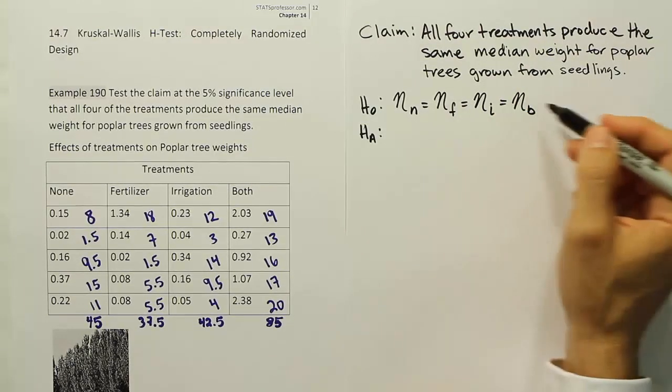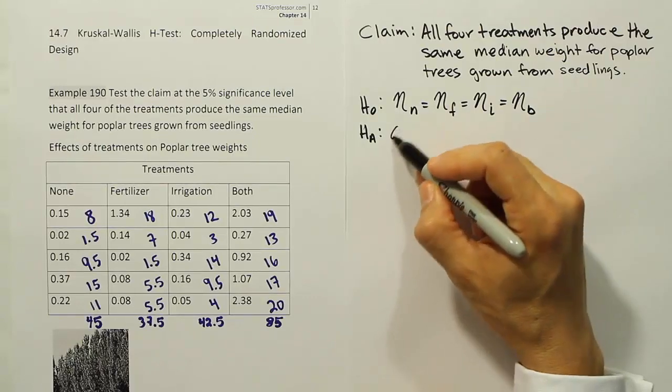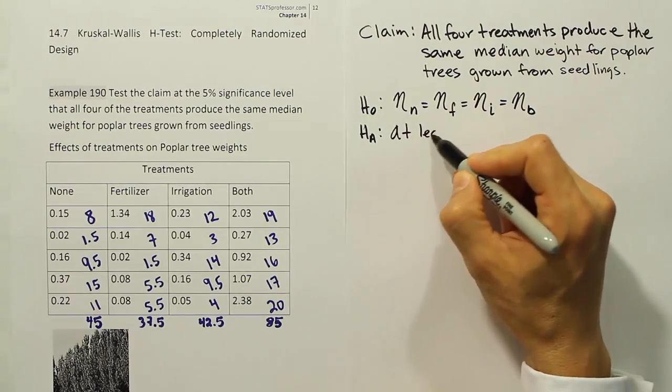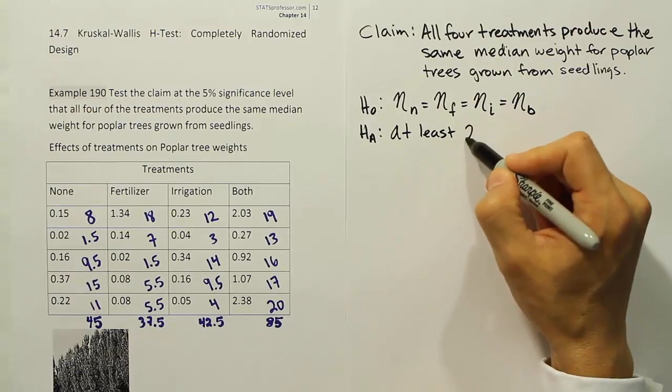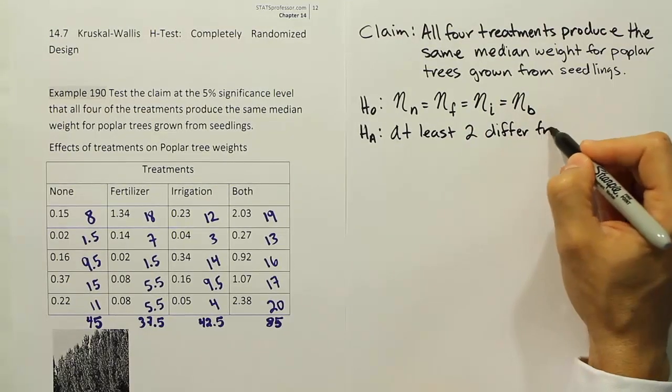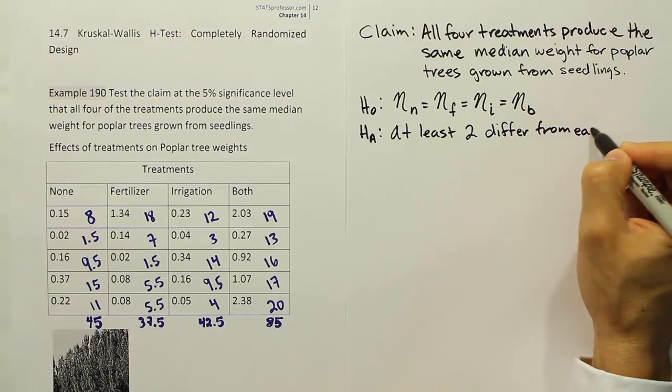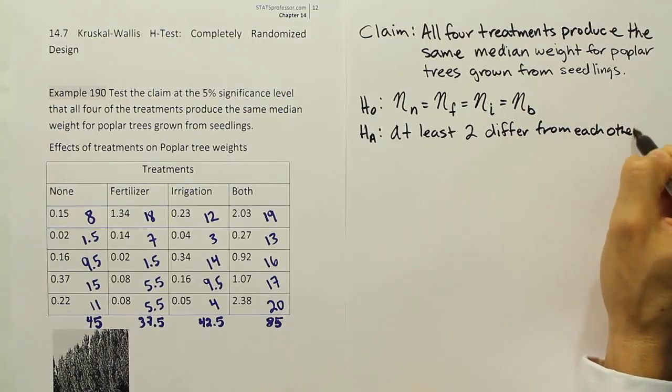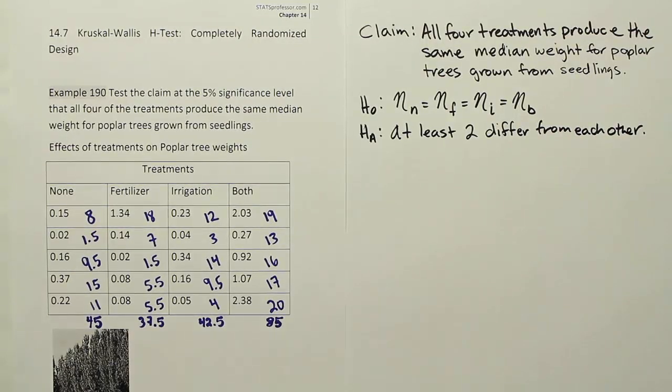All the medians are the same versus at least 2 of them differ from each other. That's pretty much the same as we had for the ANOVA CRD, except we're replacing means with medians.